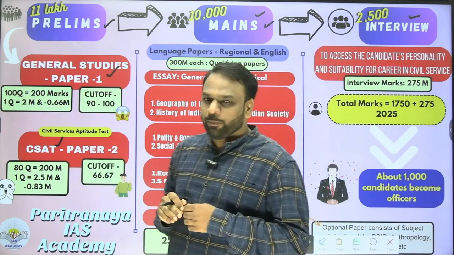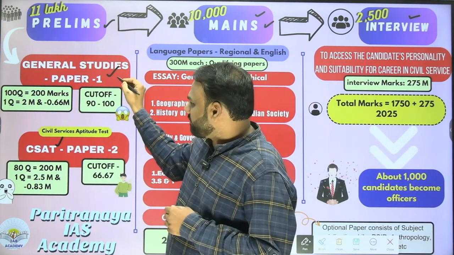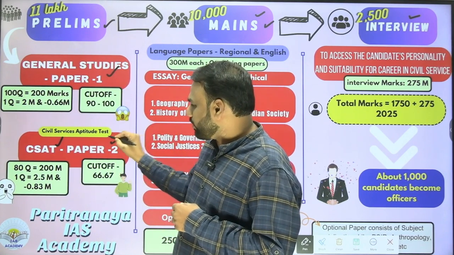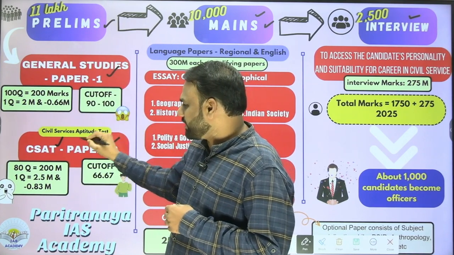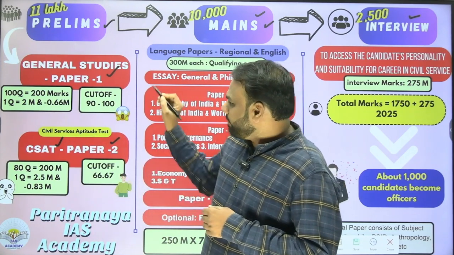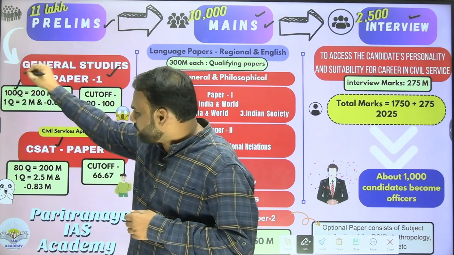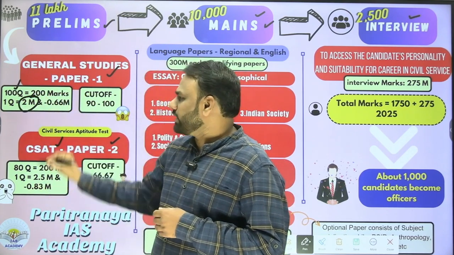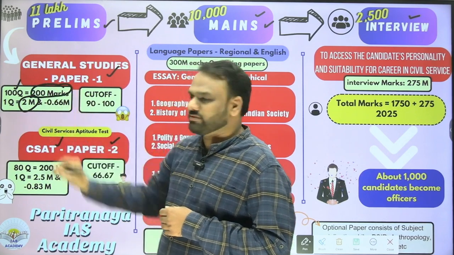In prelims, there are 2 papers. The first paper is paper 1, which is also called General Studies paper, and the second paper is called paper 2 or also Civil Services Aptitude Test or CSAT paper. Paper 1 consists of 100 questions. Each question carries 2 marks, so totally 200 marks.